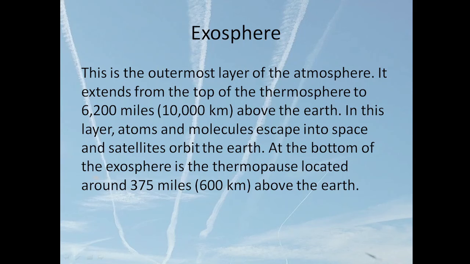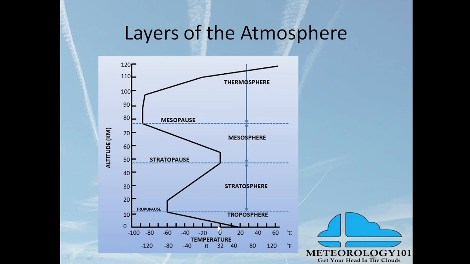So 600 kilometers. Alright, you can see that we have a decrease in temperature with height, a transition between the two layers of the atmosphere up into the stratosphere, and then a significant increase with height, and then another transition, a decrease with height in the mesosphere, and then a transition up to the thermosphere.